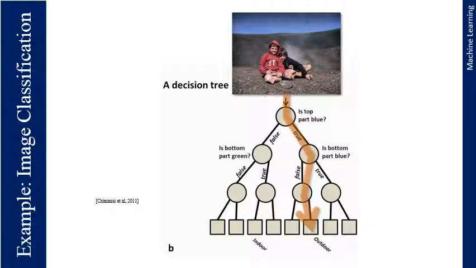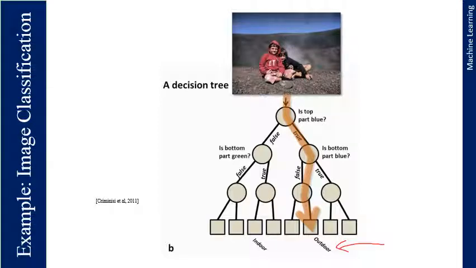So here is another example of image classification. Again, we use a decision tree to classify an image into an outdoor or indoor image, and we have different tests, and each test results in further tests until a leaf node, which results in a class label.